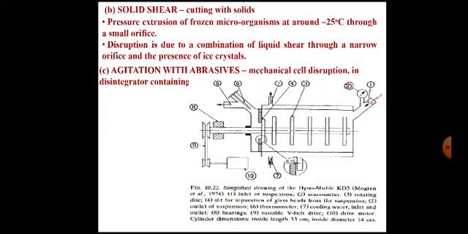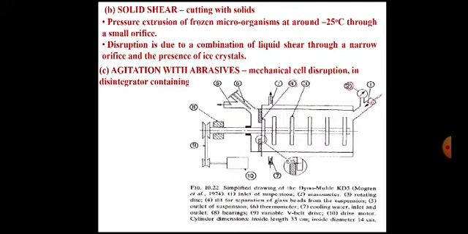Then the third one is the rotating disc. This device is just similar to an impeller, but the position is horizontal. Then there is a fourth part, a slit for separation of glass beads from the suspension.